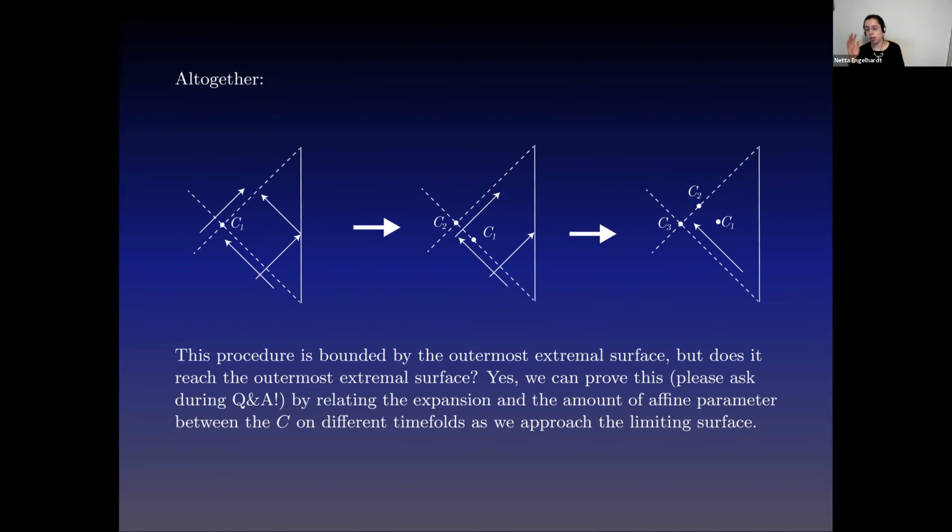And those operators are all simple in the sense that they're causally propagating. So that tells us that the procedure is simple to reconstruct up to the outermost extremal surface, and then it's also simple to go from that to the original space-time. So the two spacetimes are related by an insertion of simple operators. And so that means that if reconstruction of one is simple, so is reconstruction of the other.